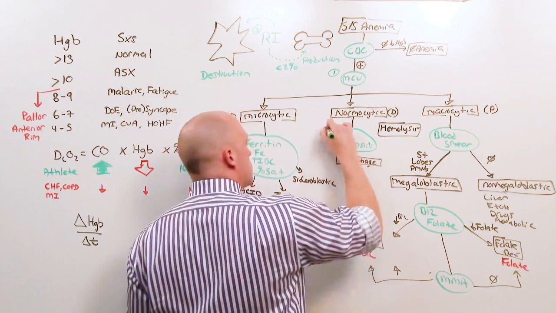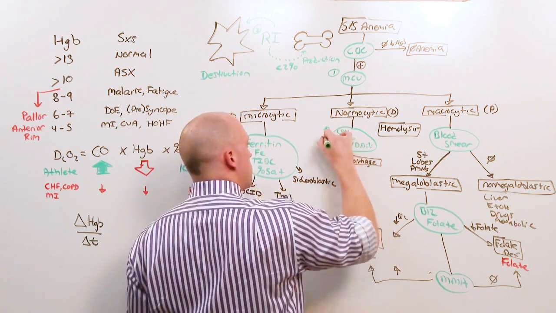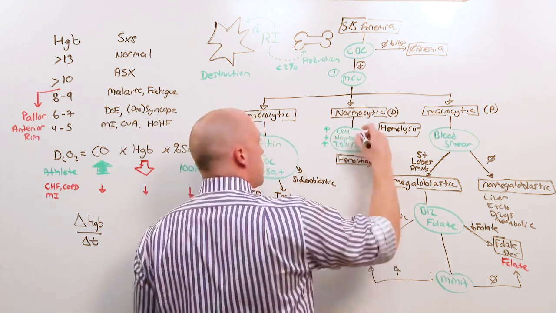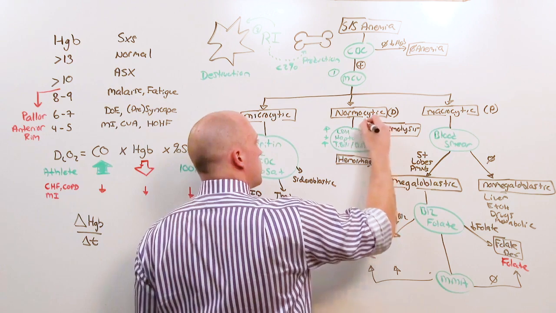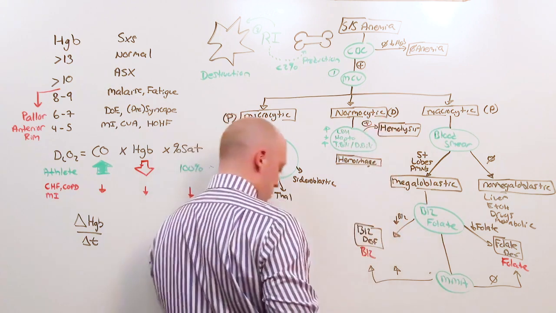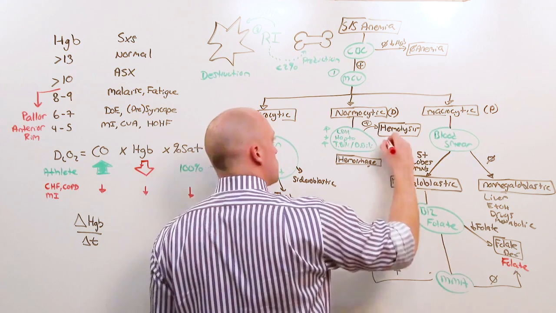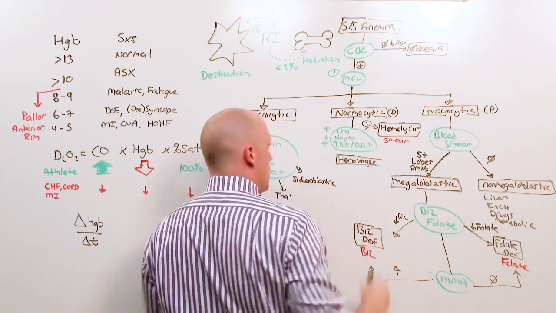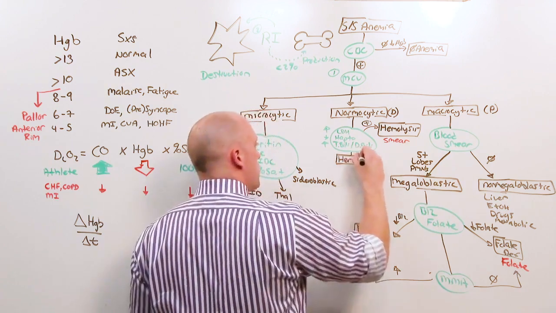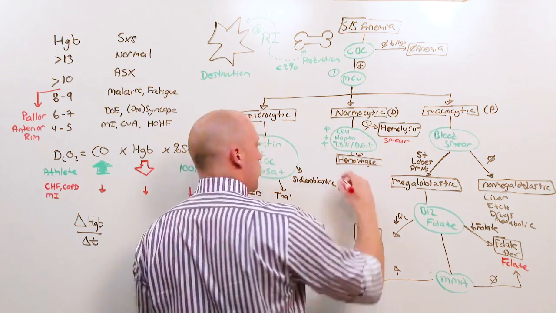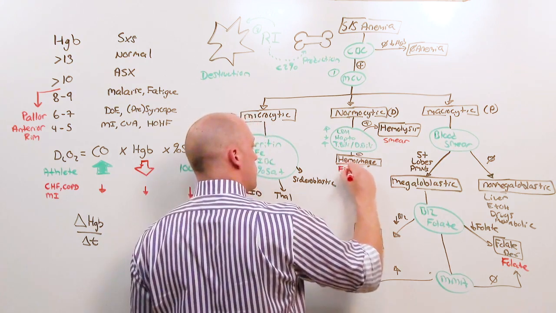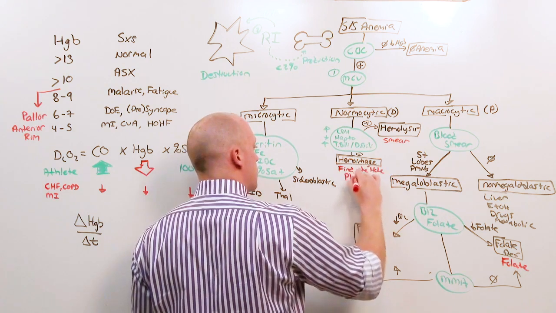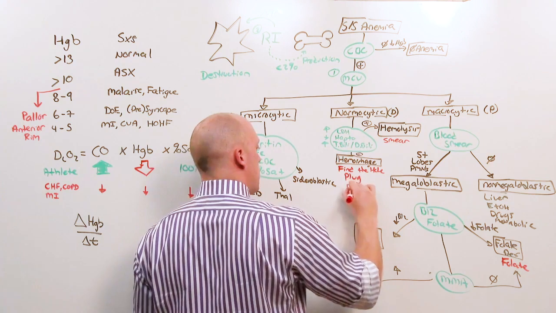What you're looking for is an elevated LDH, a decreased haptoglobin, and an elevated T-bili. If that's positive, you've got hemolysis, and you will use a smear to help guide you. If those are negative, you've got hemorrhage, and you're going to find the hole. Plug it and give blood.